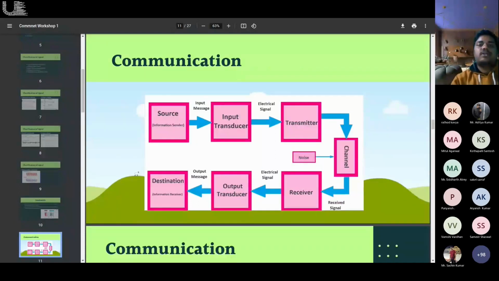Next we have to discuss something about communication. Suppose I'm speaking. The voice signal, the speech from my mouth, is converted into an electrical signal using my earphone. Next, this electrical signal is processed by the laptop which I am using.